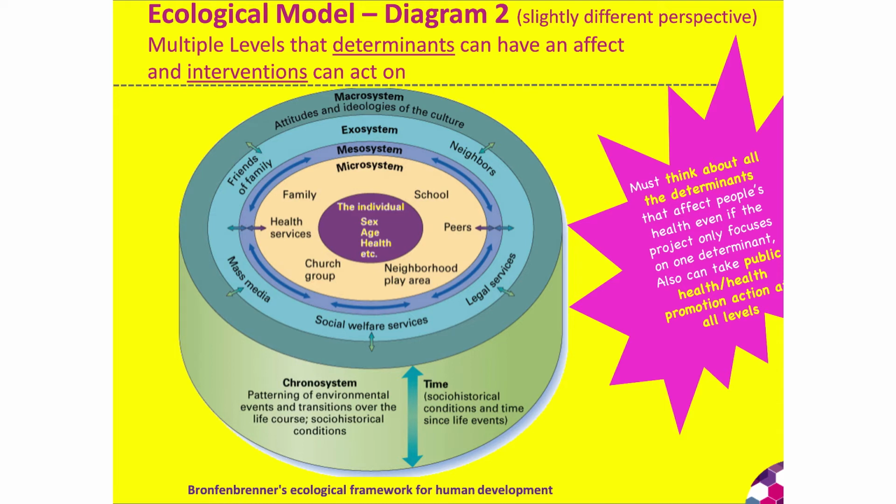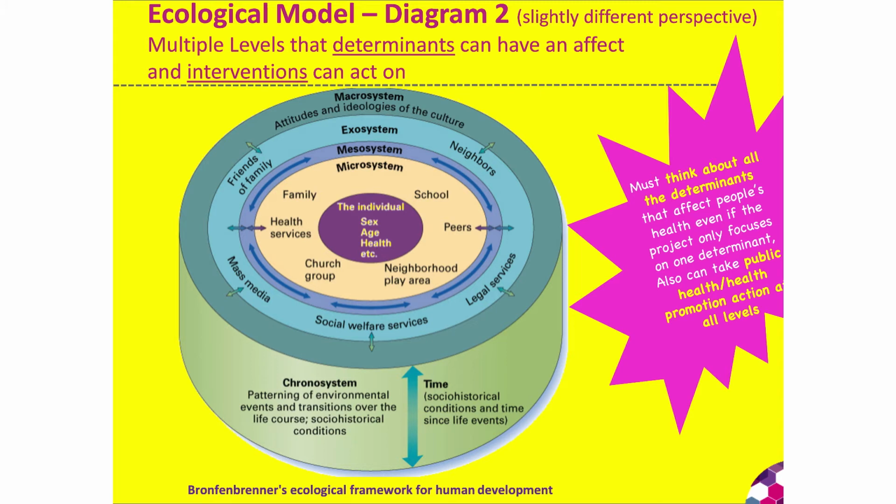The mesosystem is the relationships people have with other people, with other microsystems, in Bronfenbrenner's words, so that it's our relationship with others, and how that interacts with us and our health and well-being.